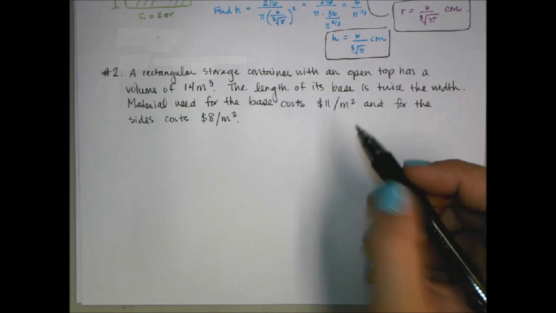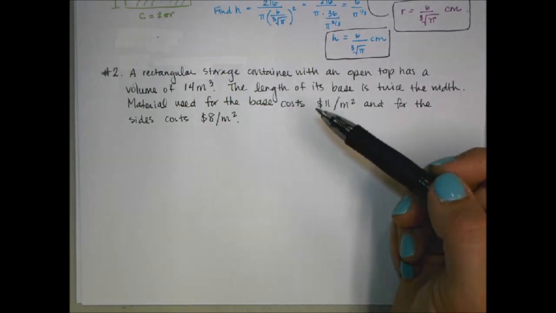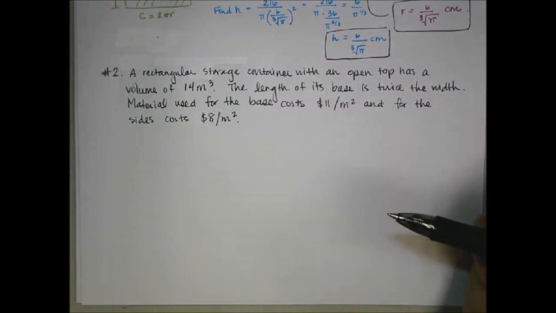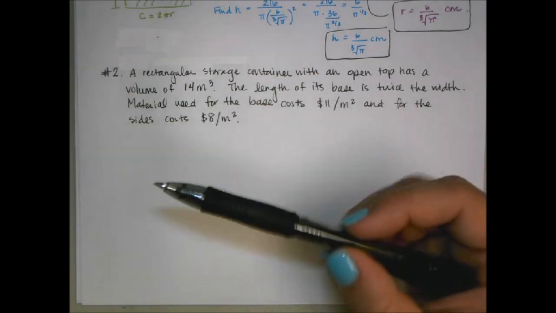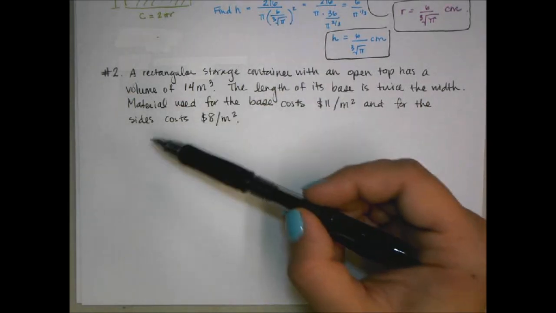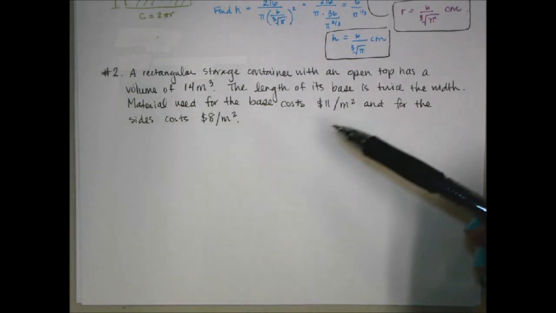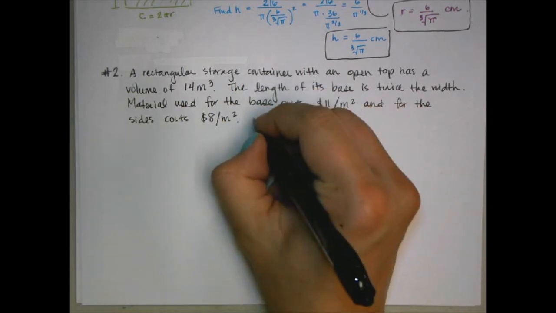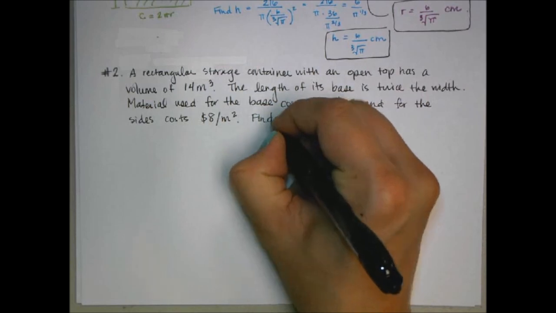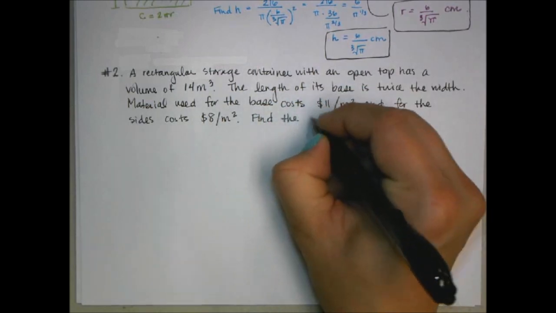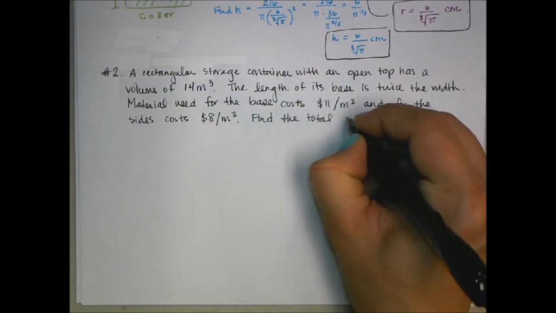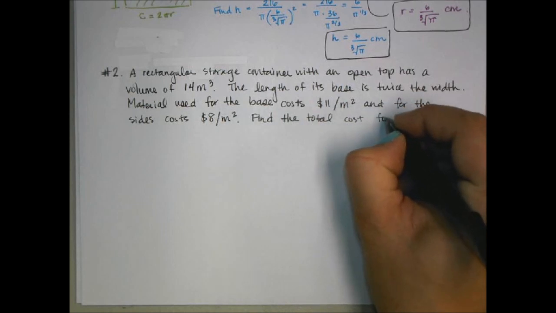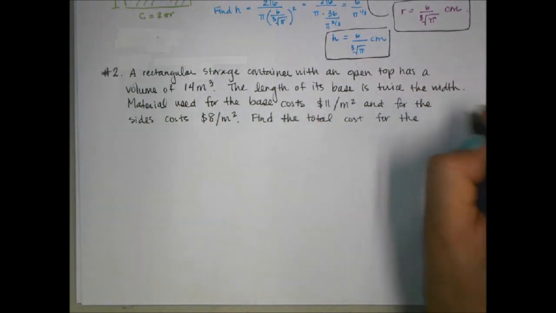So already what's making this difference is my surface area is the cost. However, materials cost different amounts here, so it's going to make a difference in this problem. And we want to go ahead and find the total cost for the cheapest container.